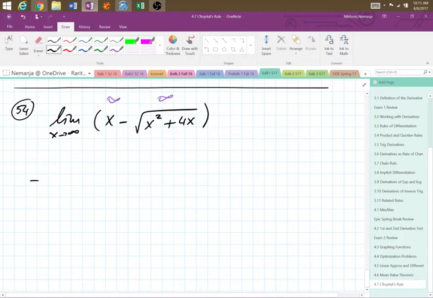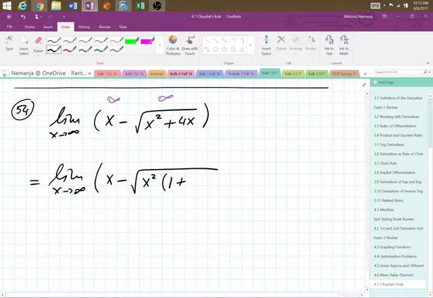So let's see. The first step for me is to factor out x squared somehow under the radical. Well, that's easy, because if I factor out x squared from the first one, I'm left with 1 plus 4 over x. If I take x squared out of 4x, 4 over x stays behind.